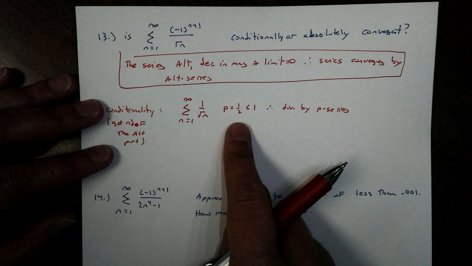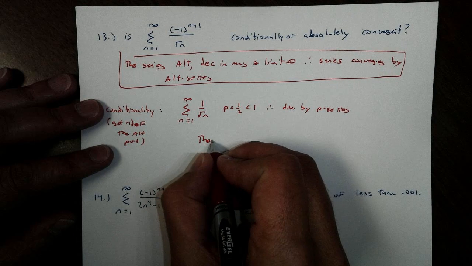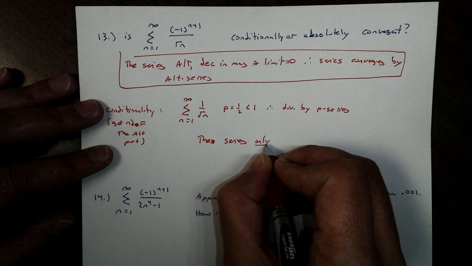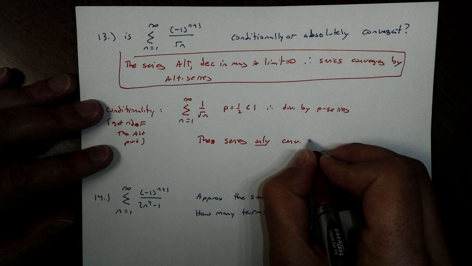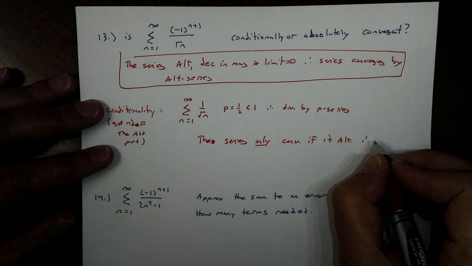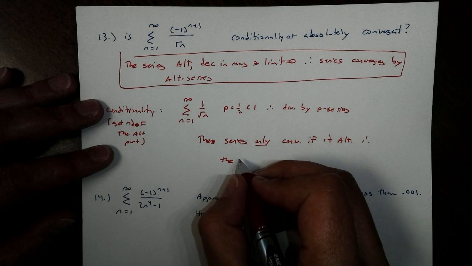But if it does not change signs, this will diverge. So we can say that the series only converges if it alternates. Therefore, the series is conditionally convergent.